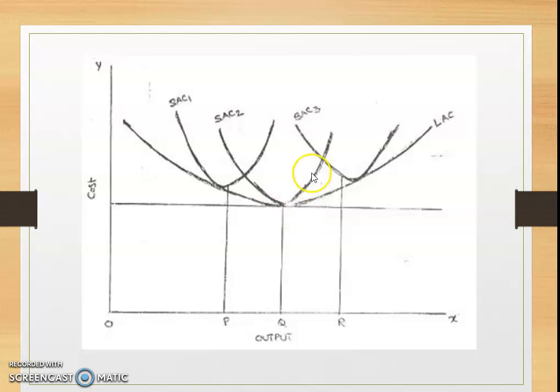This is the SAC2 curve, and the output is OQ. As far as the SAC1 curve is concerned, the output is OP. As far as the SAC3 curve is concerned, the output is OR.